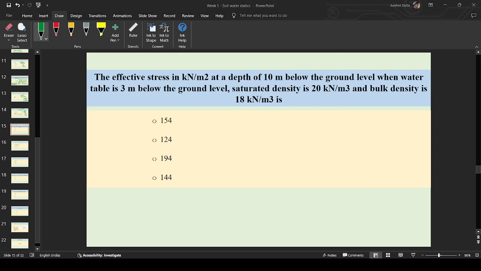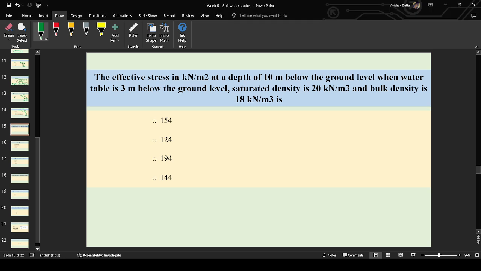Have you solved this? What is the answer? The answer is 124, sir. Yes, you're right. The scenario was something like this. The water table is at a depth of 3 meters.